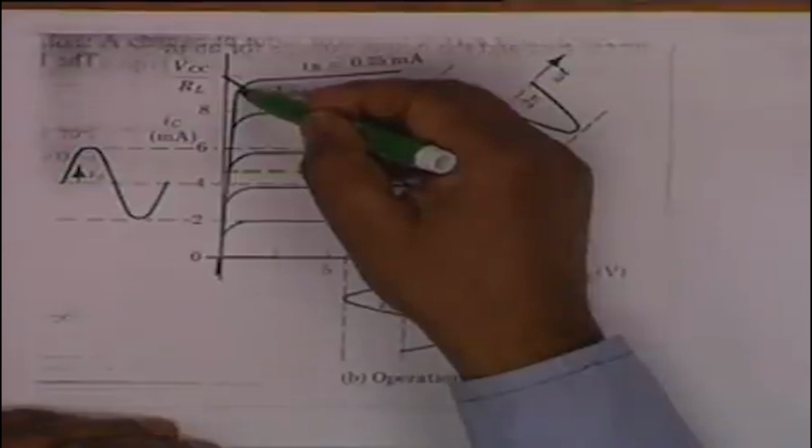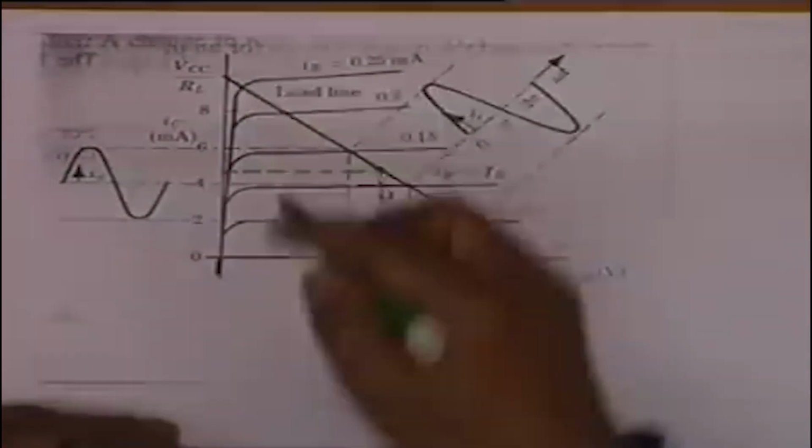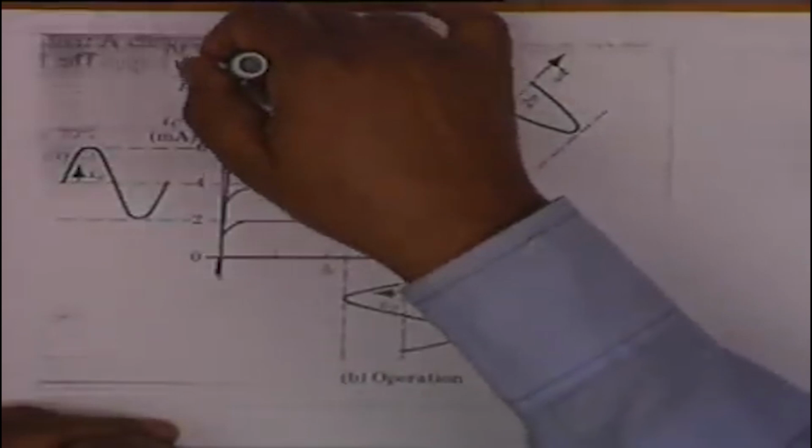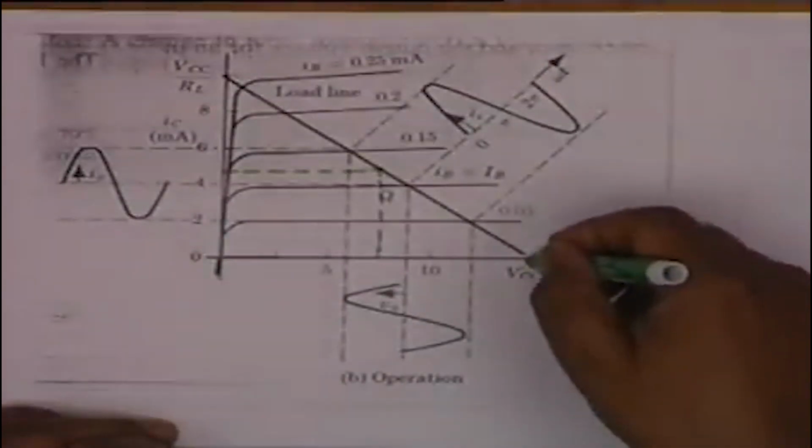Alright. So can you tell me what the load resistance is? What is the load resistance from this graph? This is approximately 10 and this is 15. Minus 1 by 1.